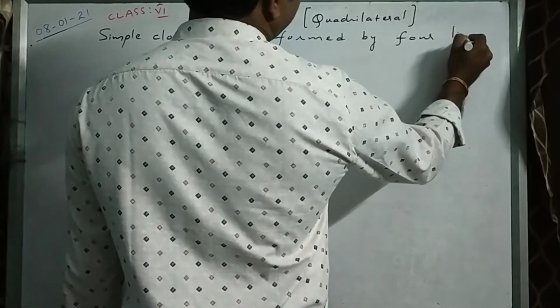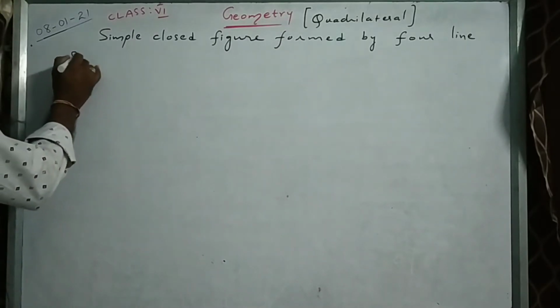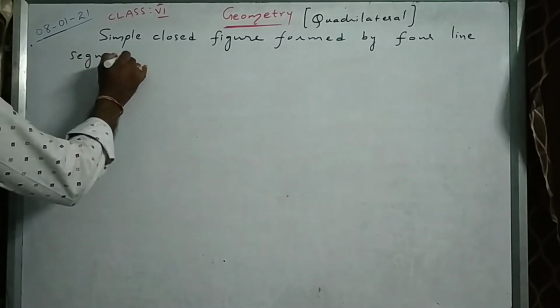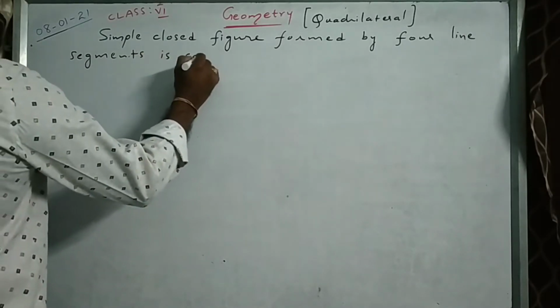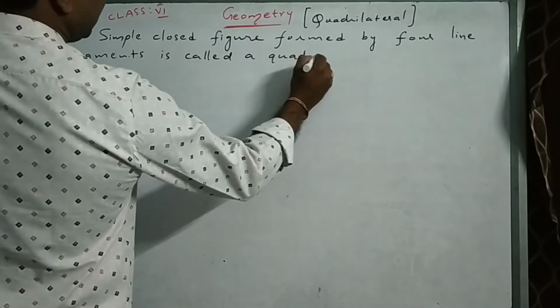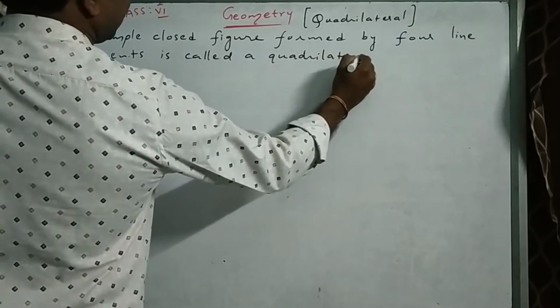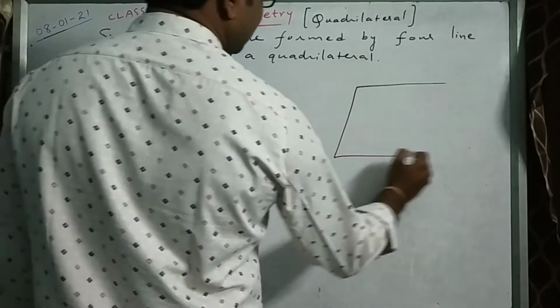Now three line segments means a triangle. Now four line segments, a simple closed figure formed by four line segments is called a quadrilateral, right?